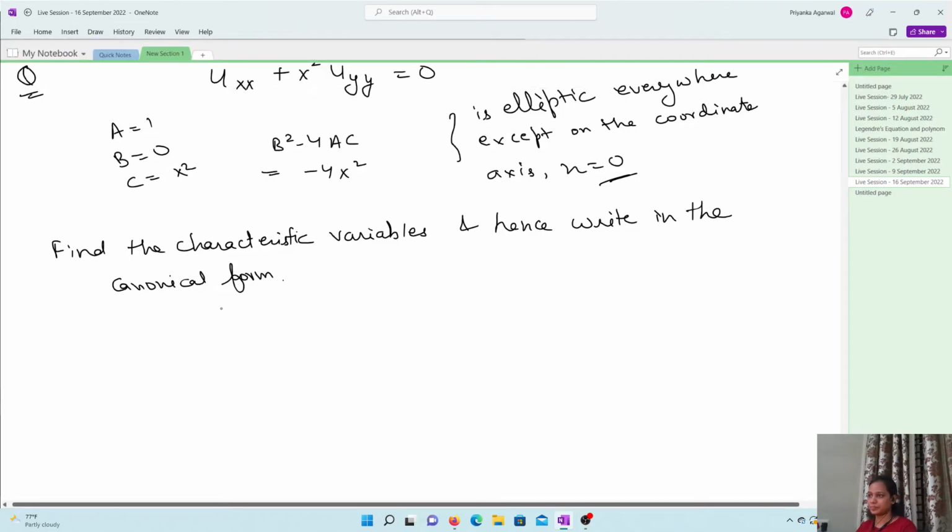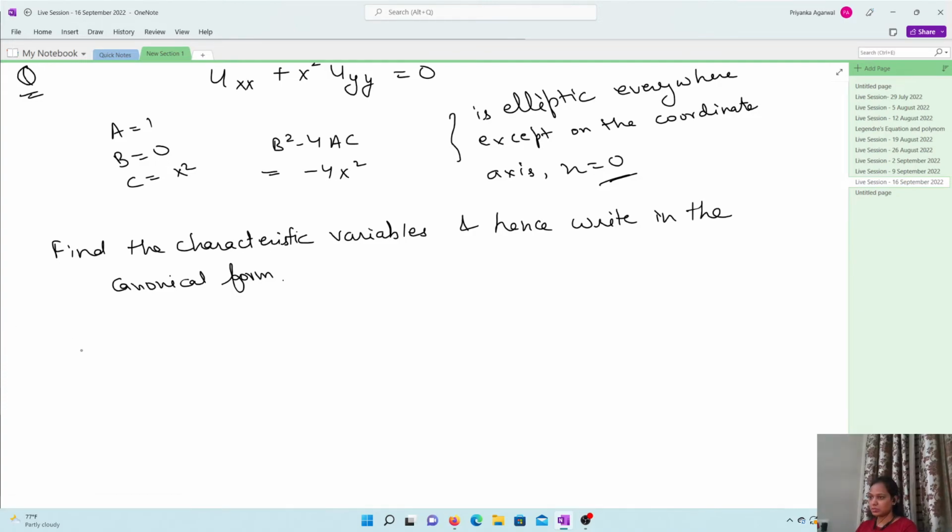So we now know that delta, that is b square minus 4ac, is equal to minus 4x square. So for x not equal to 0, this is elliptic.